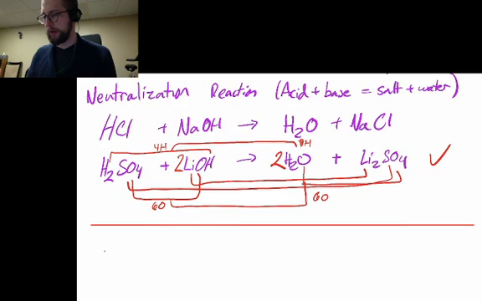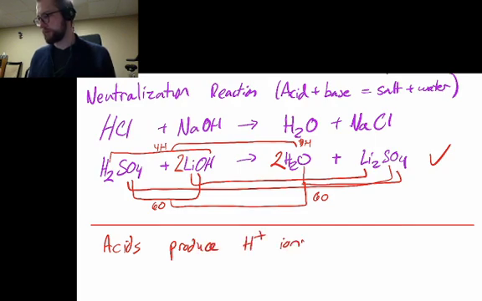So we talked about acids. Acids produce H plus ions and are low on the pH scale.